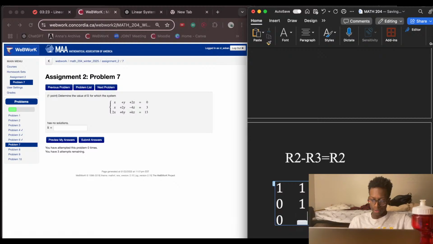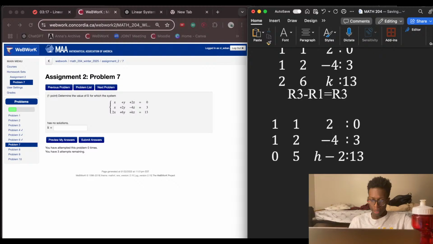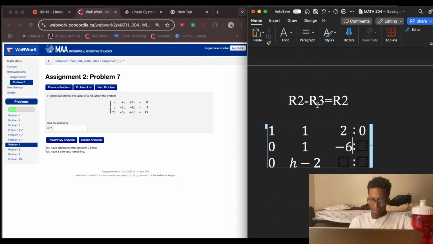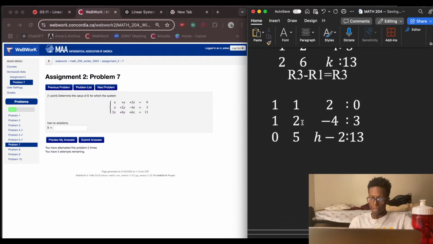And this is 0, negative x, h minus 2. Yeah, h minus 2.